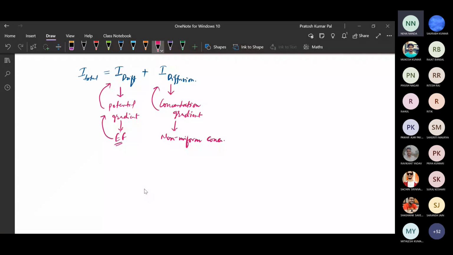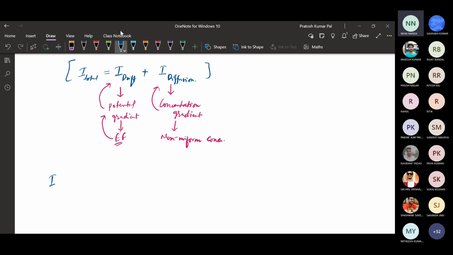So if we put the values into this, we can get the I total. Whenever we talk about the current, that current is basically defined by the current density.